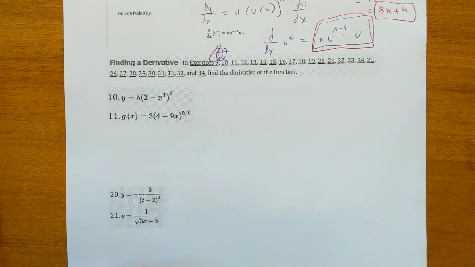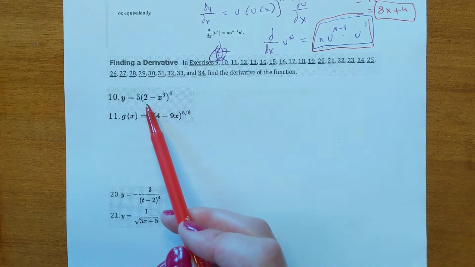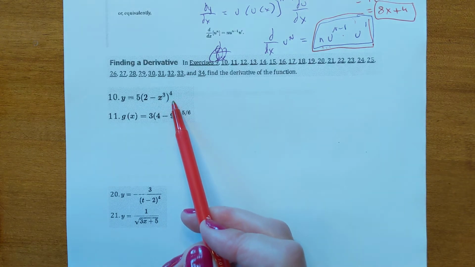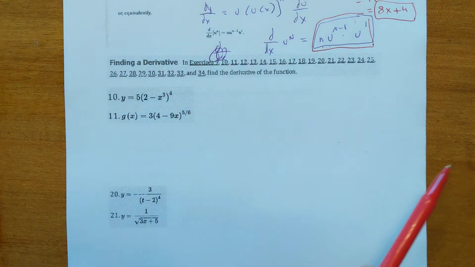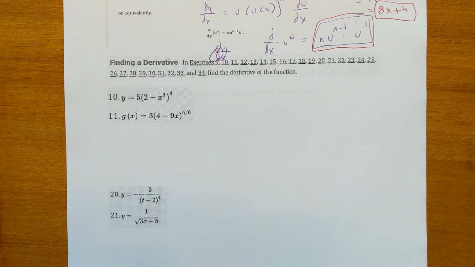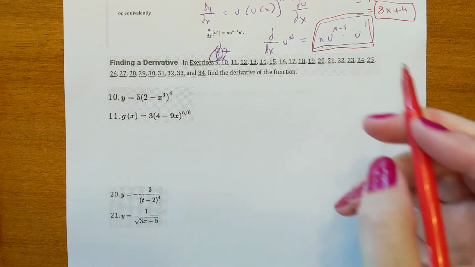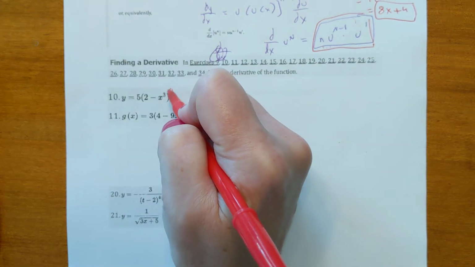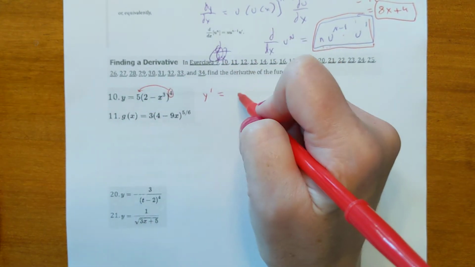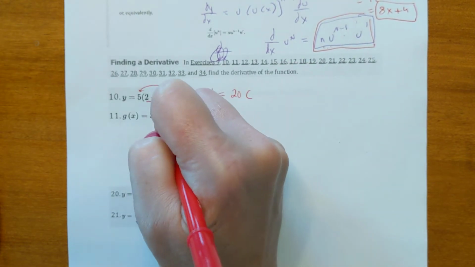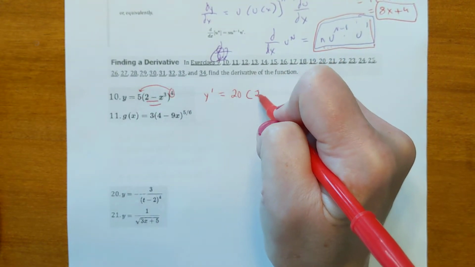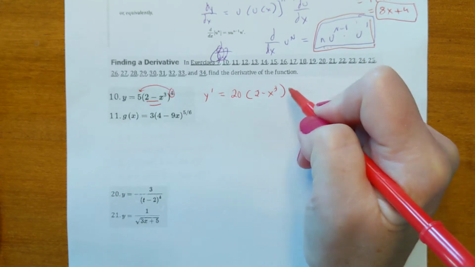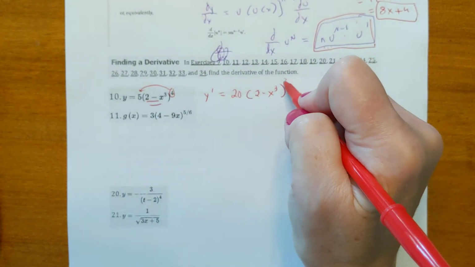All right, so the first one here says 5 times 2 minus x to the third, raised to the fourth. Again, this is a good place to pause after I read the problem to you, and you can try it. All right, so y prime, again, take the power, multiply it by the number out front, that's 20, times the chunk, which is 2 minus x to the third, and then 1 less would make that 3.